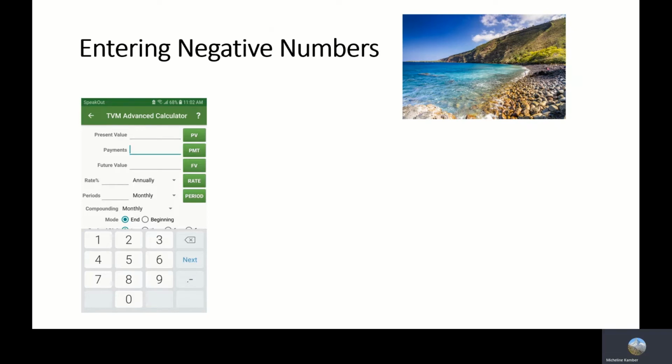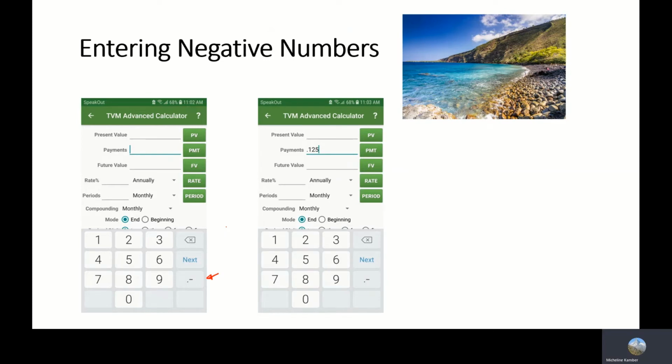It's the same thing. The only little tricky thing is entering these negative payments. So if you click on payments, remember we want to enter the number negative 125. If you look down here, you see a decimal and a negative sign. If you click on it once, you get a decimal.